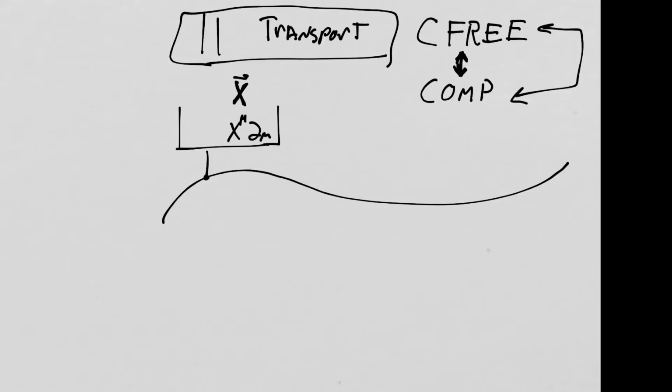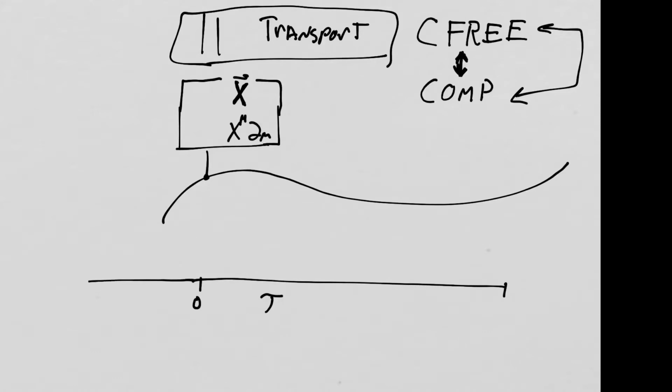But I might throw a vector symbol on top just because I have trouble with boldface on this whiteboard. And if I just pick one point on this curve, and if the curve is parameterized by tau, and maybe I start tau at 0 and just go up to some higher values. There really is no limit to tau. 0 is just an arbitrary spot, right?